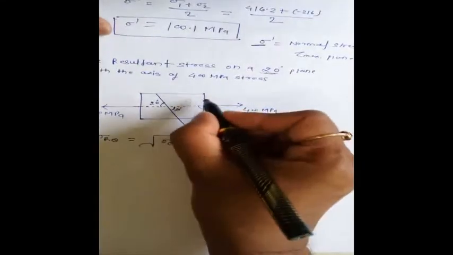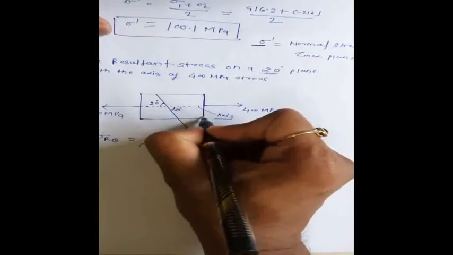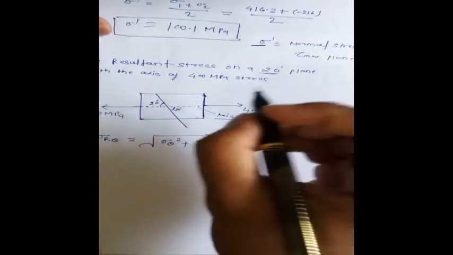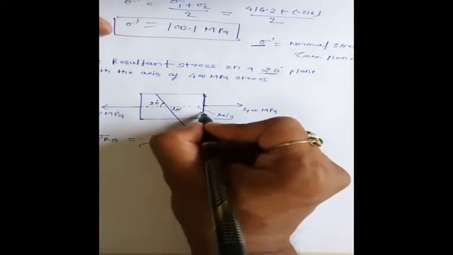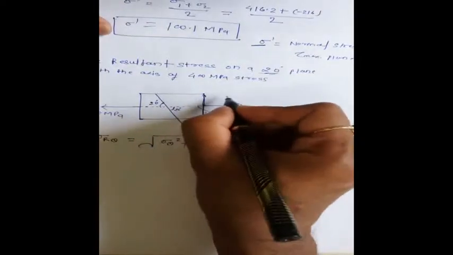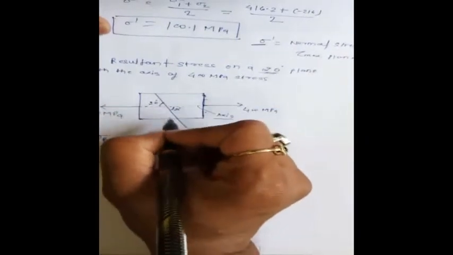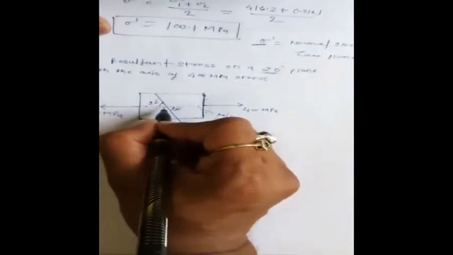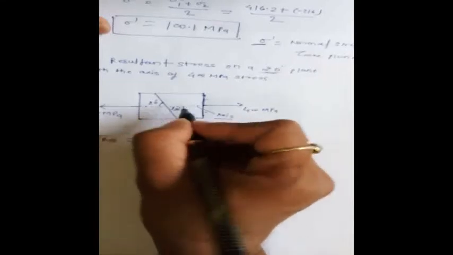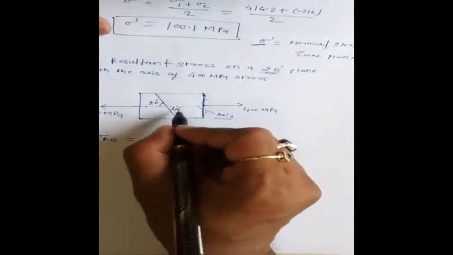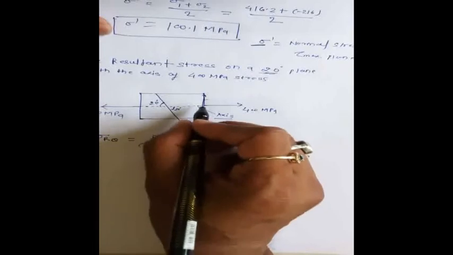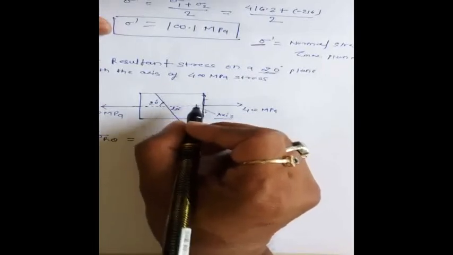Now we know that this is our reference plane. We always have to find the oblique plane from our reference plane. So if any plane is 20 degrees from this axis, how much angle does it make from the reference plane? That is the primary thing to find out first.